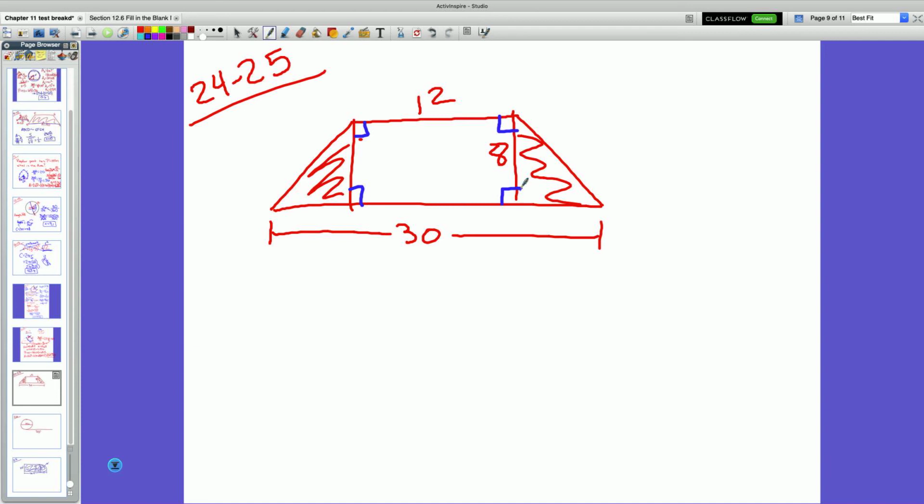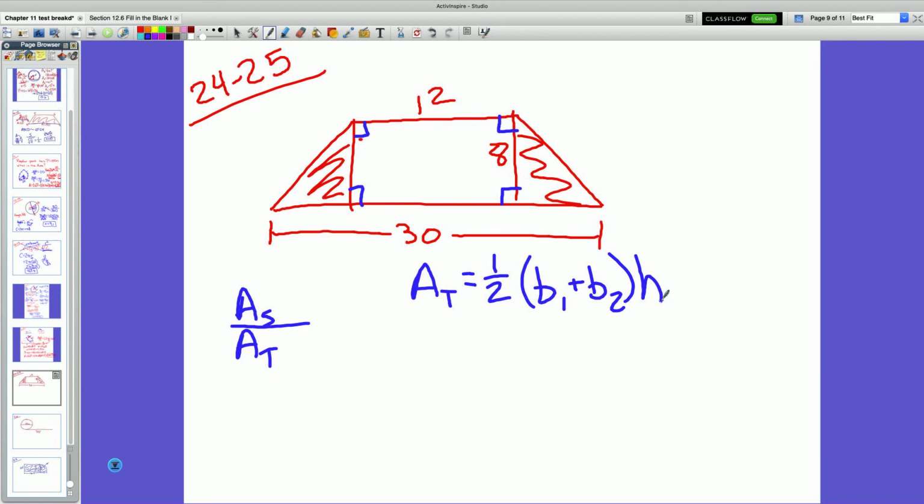So first thing we need to do, right? It's going to be area of the shaded over area of the trapezoid, or total area in this case. First thing I am going to do is find the area of the trapezoid, because that's pretty simple. It's just a formula: 1/2 base 1 plus base 2 times height.